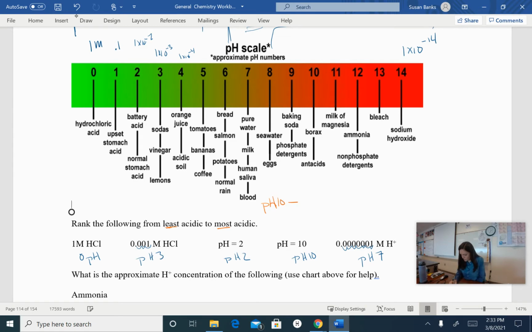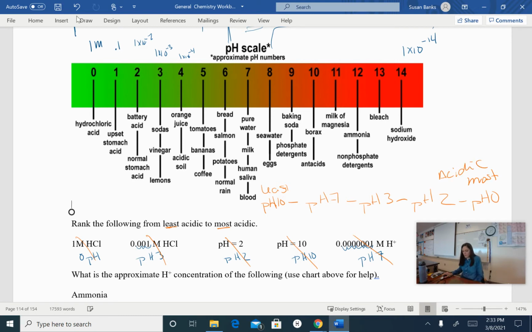And then our next one would be a pH of 7. Then pH of 3, then pH of 2, and then our pH of 0. That would be our most acidic. So this would be least to our most acidic.